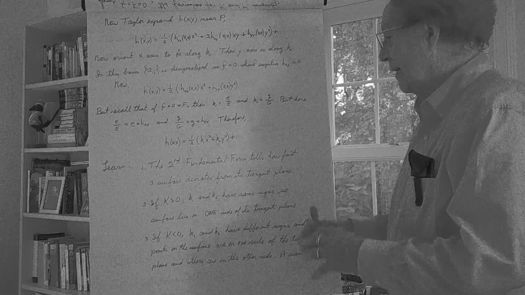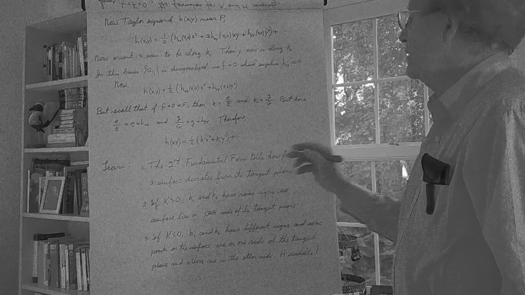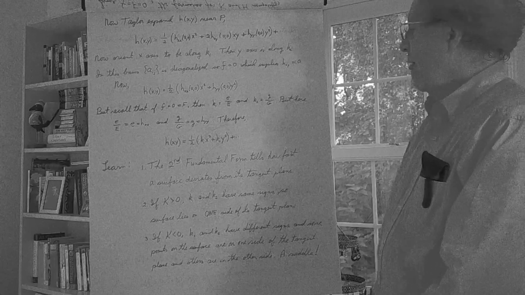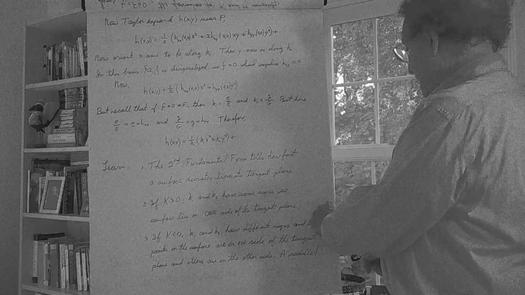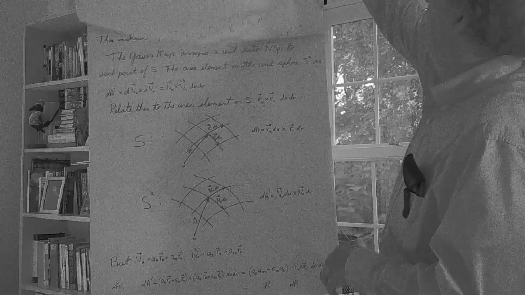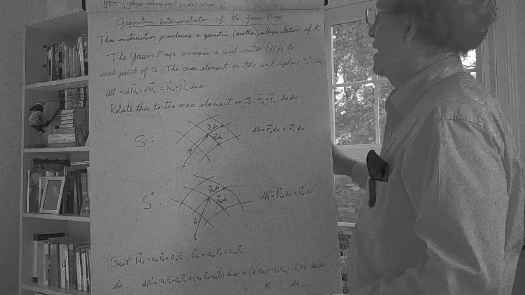That's how we interpret capital K less than 0, and this is what it means in terms of the second fundamental form. Okay, so that gives us a nice visualization of the second fundamental form, and that will help us as we move on.